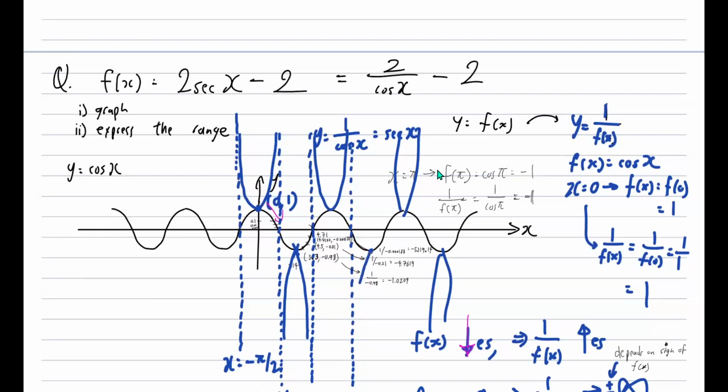Is it not like infinity, negative infinity? Yes, it will include infinity, but there is a certain boundary that it never exceeds. Look carefully at the graph. It doesn't go in between 1 and negative 1.